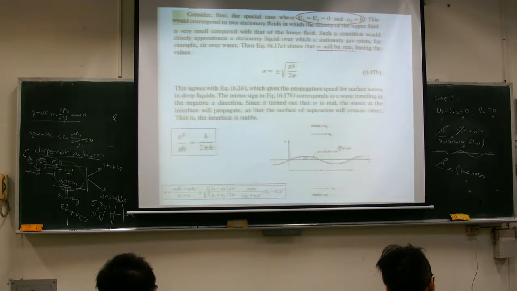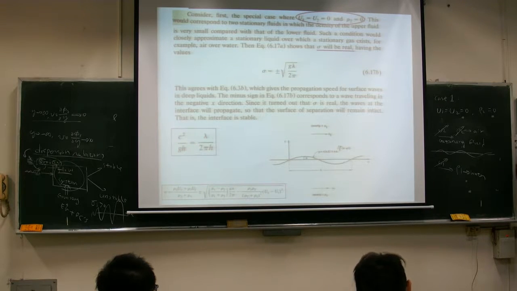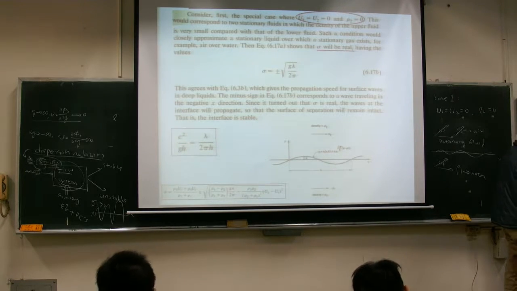U1 plus rho 2 equal to 0. Rho 1 divided by rho 1 gives you 1, G lambda. Rho 2 equal to 0 disappears, so we have this.